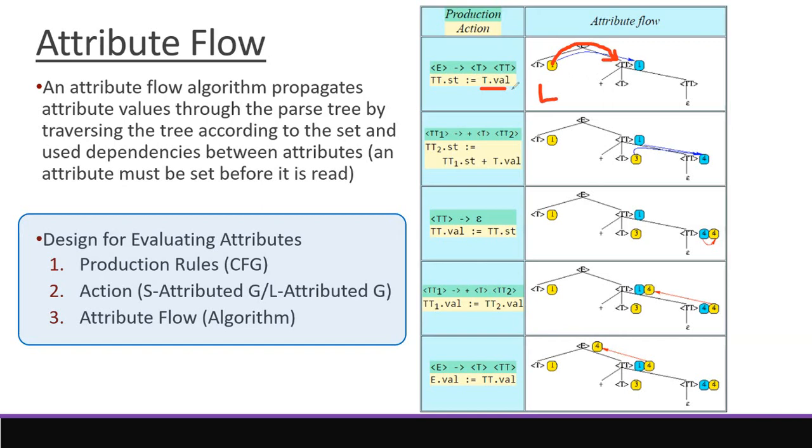So your TT's subtotal is coming from T's value. A plus B, so this one's plus C. The subtotal from A will be T's value, TT subtotal. Your B subtotal is coming from A's value. Is that okay?